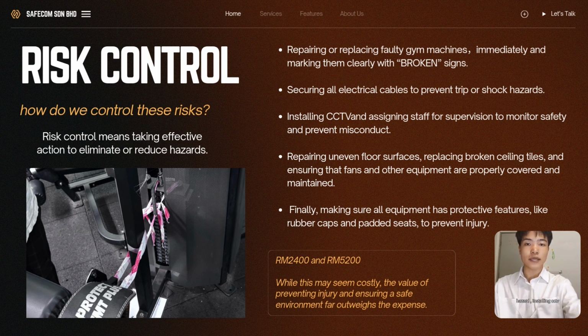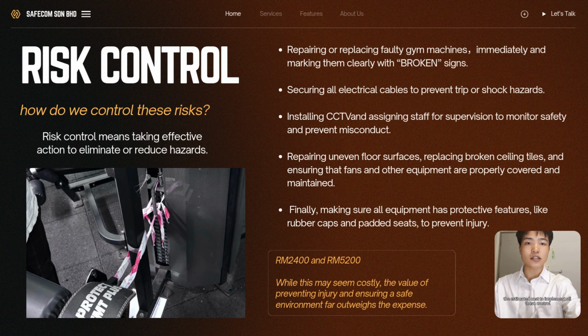Install CCTV and assign staff for supervision to monitor safety and prevent misconduct. Repair uneven floor surfaces, replace broken ceiling tiles, and ensure that fans and other equipment are properly covered and managed. Finally, make sure all equipment has protective features like rubber caps and padded seats to prevent injury.